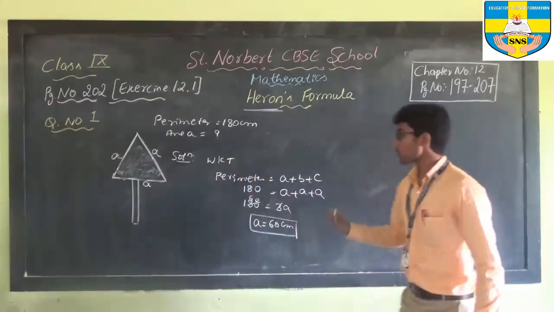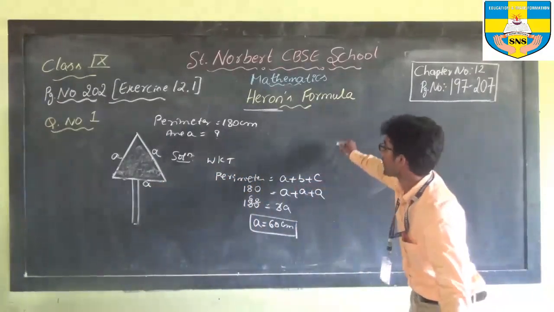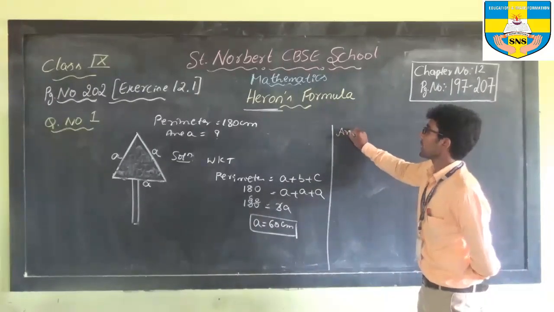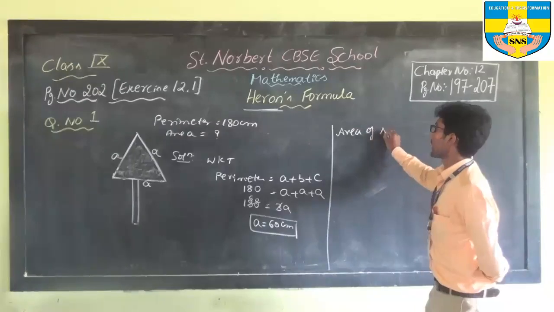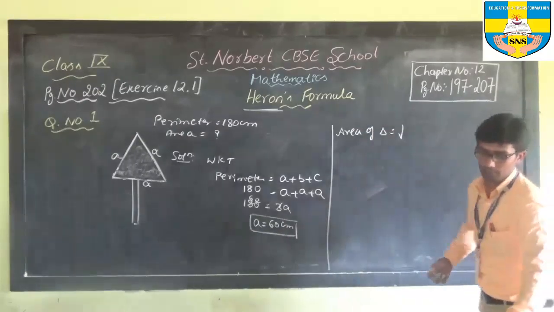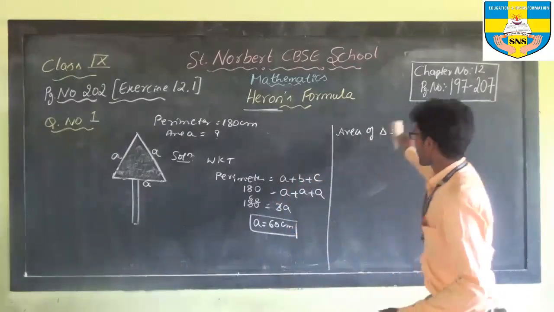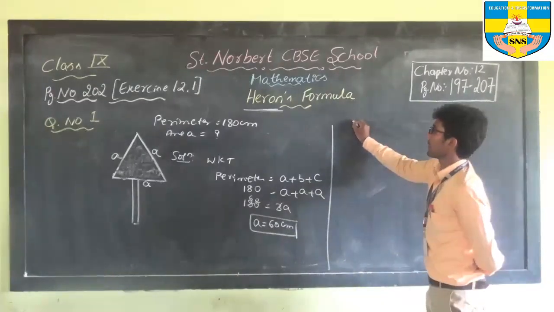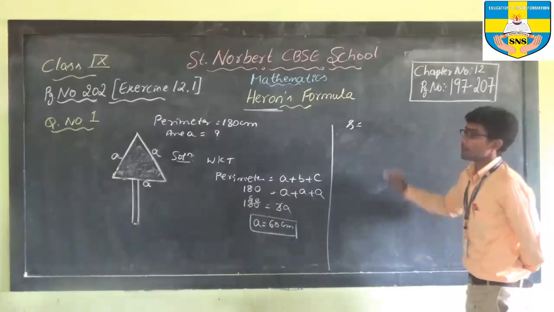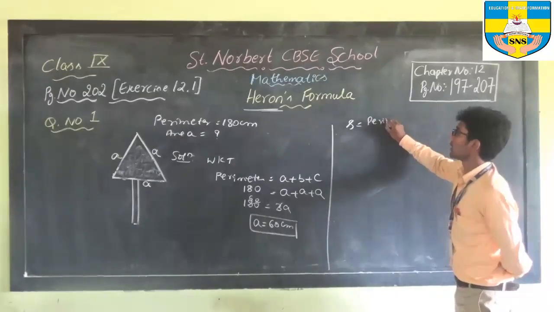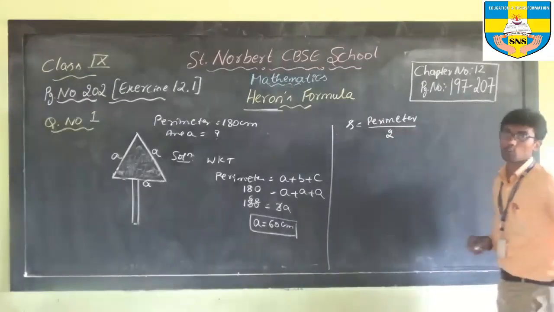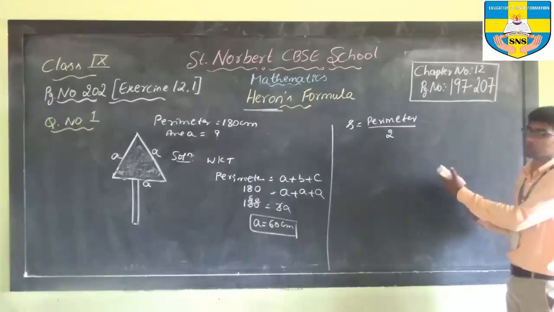After getting A is equal to 60 centimeter, let us go to Heron's formula. Before going to area of triangle, we need to calculate semi-perimeter. S is equal to perimeter divided by 2, or you can go for A plus B plus C divided by 2, both are correct.